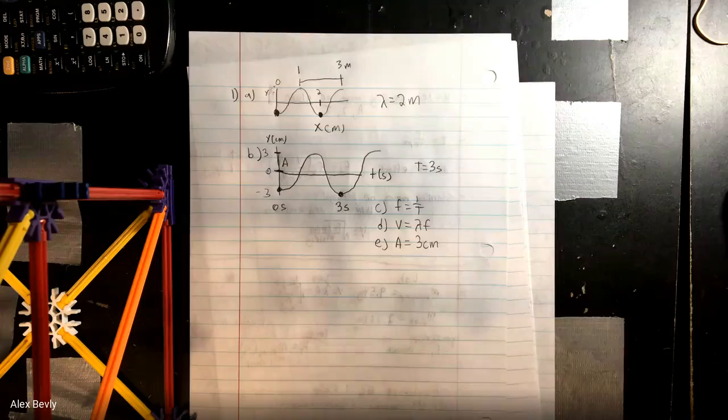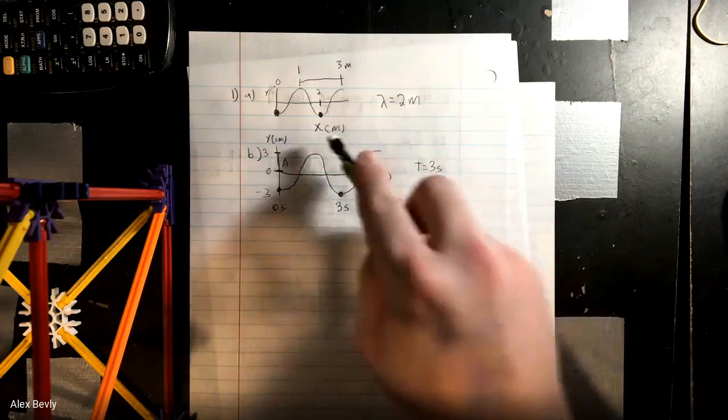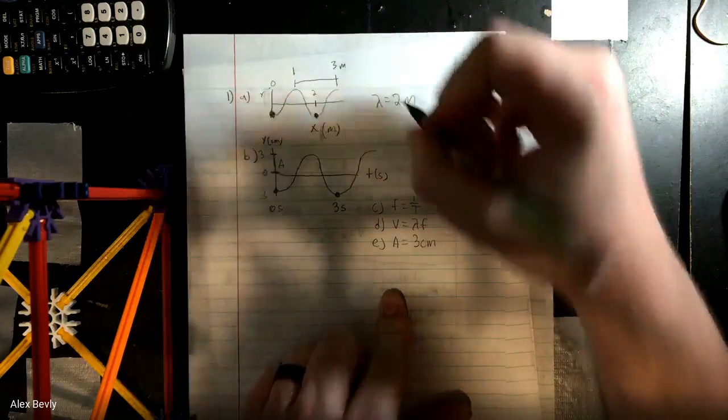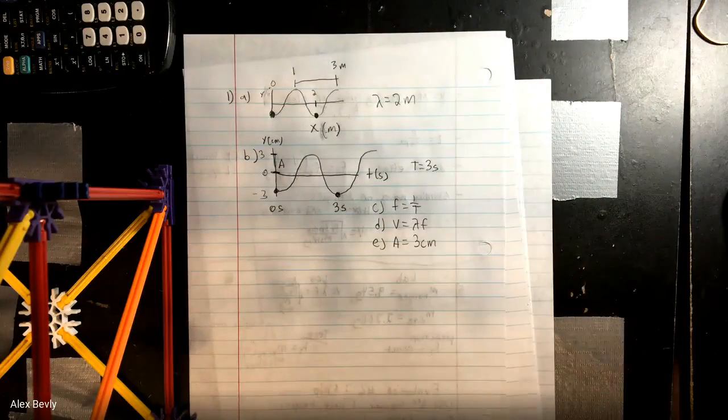Mr. Beverly. Yes. Why did you write x centimeters, but you put meters for wavelength? Are you talking here? Yeah. That's a parenthesis. Oh. But yeah, our x-axis is in meters and our y-axis is in centimeters. So obviously not drawn to scale.